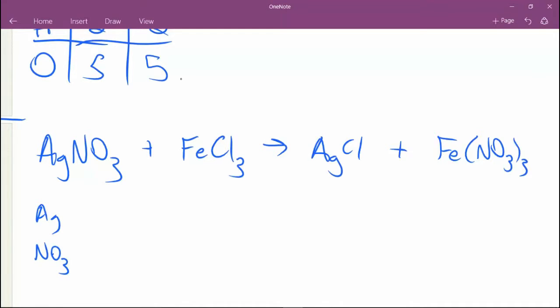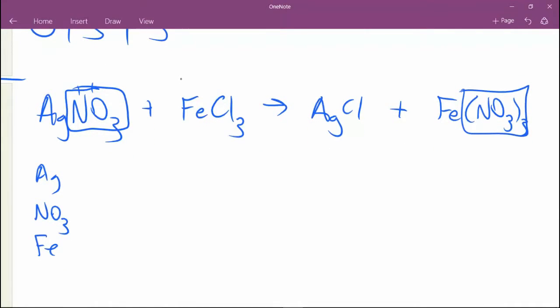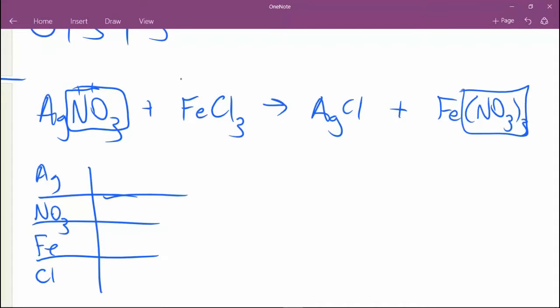Now you'll notice I didn't break the nitrogen and the oxygen apart. I left them together. That's important, because by leaving them together, it allows me to simply balance nitrate as a single thing over here and a single thing over here. Okay? All right, iron and chlorine. These are the elements and compounds associated with the balancing of this.